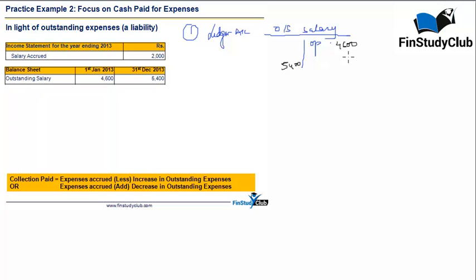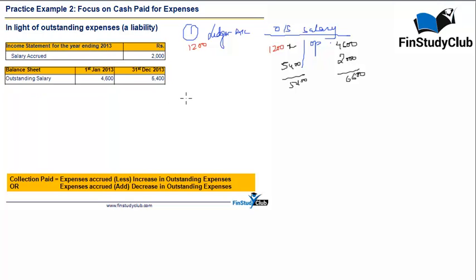During the year, your accrued salary is 2000, and the balancing figure is 6600 minus 5400, which is equal to the total cash paid of 1200. So the total cash paid by the ledger account is 1200.